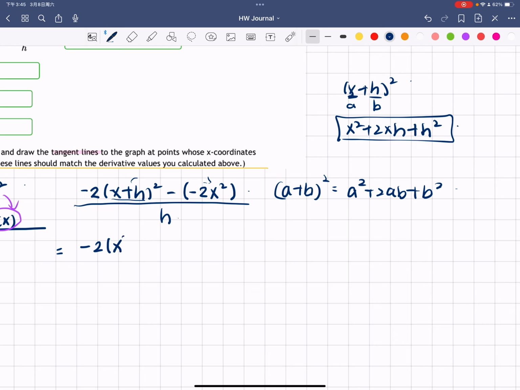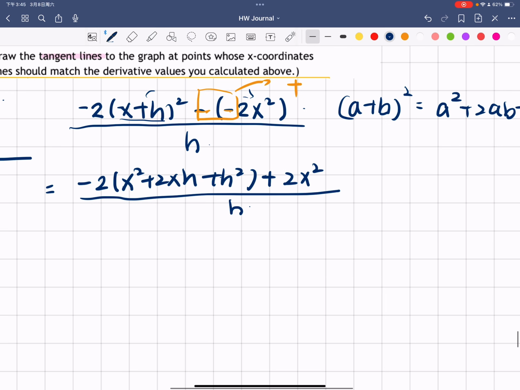And then over here, it's not simply just minus 2x squared, because there's a sign change of minus and minus a negative, so the sign is going to be changed into a positive, which is going to be plus 2x squared over h.